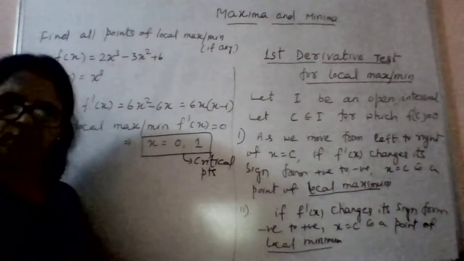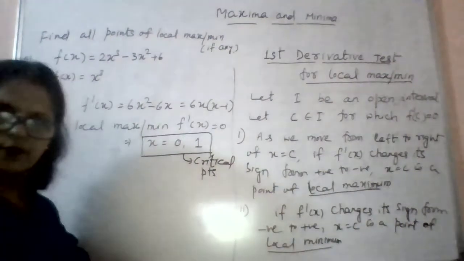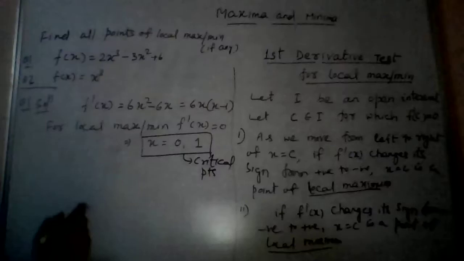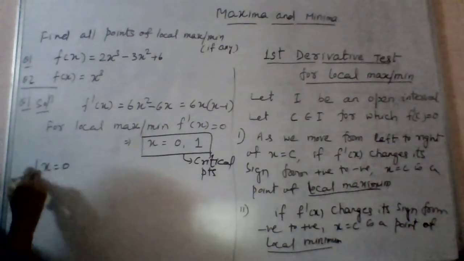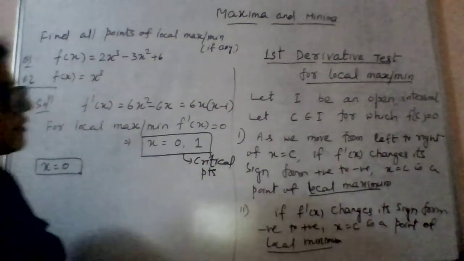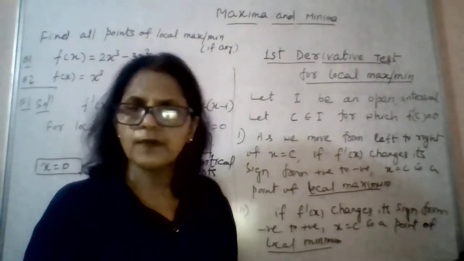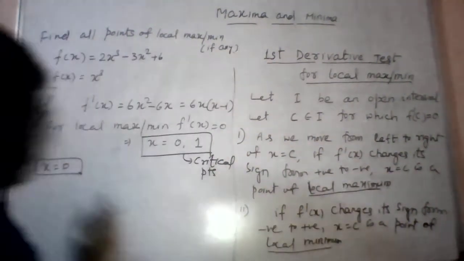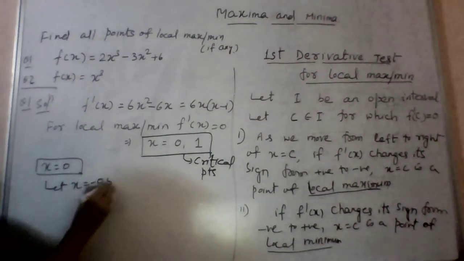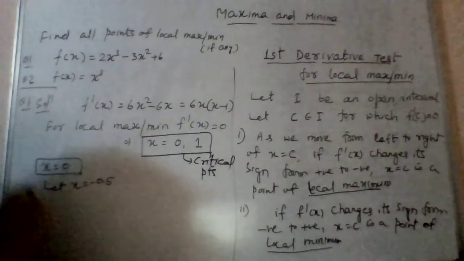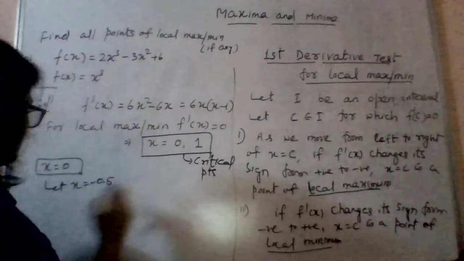So we will examine which one is the point of local maximum, which one is point of local minimum, or point of inflection. So let us consider x equal to 0. Now as we move from left to right, let x equal to minus 0.5. So minus 0.5 lies in the left of 0.